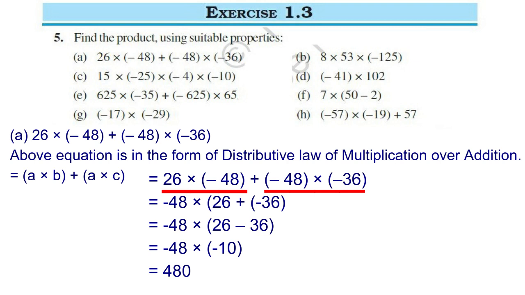So if we take common minus 48, the form of the new equation is minus 48 into bracket 26 minus 36, equal to minus 48 into minus 10. So minus into minus is plus, 48 into 10, 480.